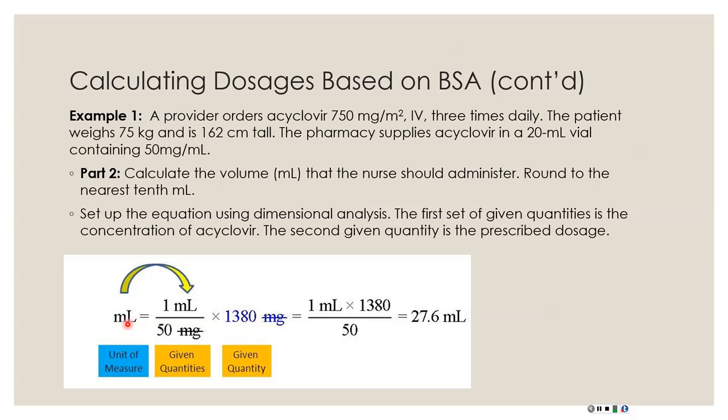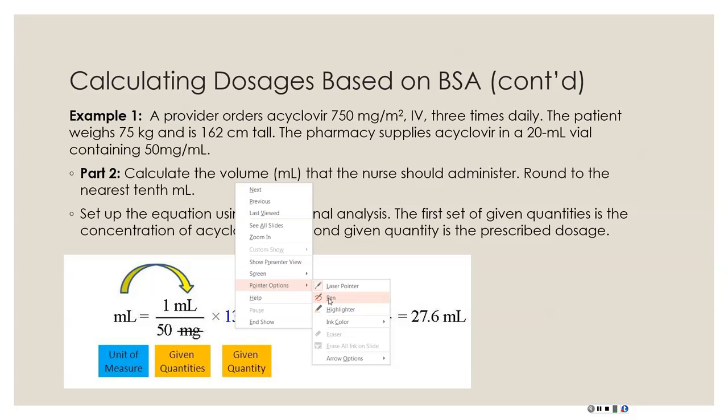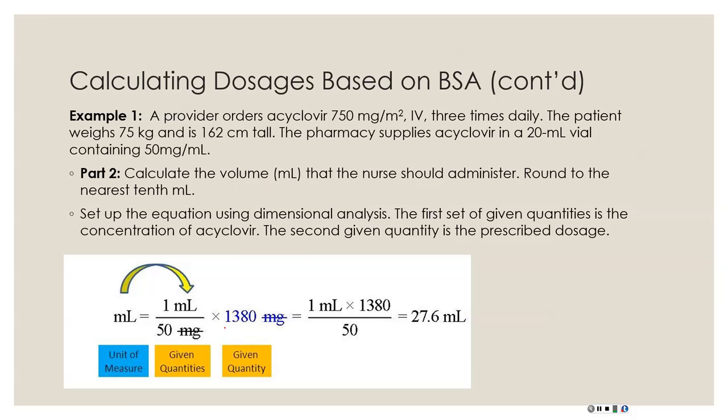So once we've decided milliliter has to be on top, we know that then we have 1 milliliter per 50 milligrams, and then we'll go ahead and enter our answer from step 1. And so we identified that we were going to administer 1,380 milligrams. So at this point, this is where I said you could put the imaginary 1 down here if this confuses you that we're talking about a numerator here.